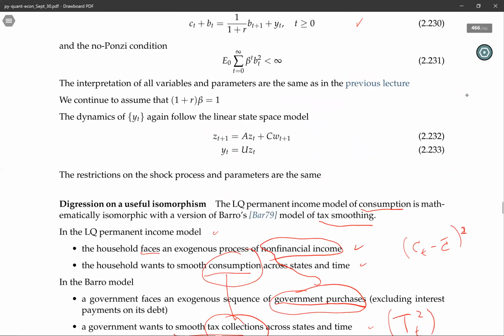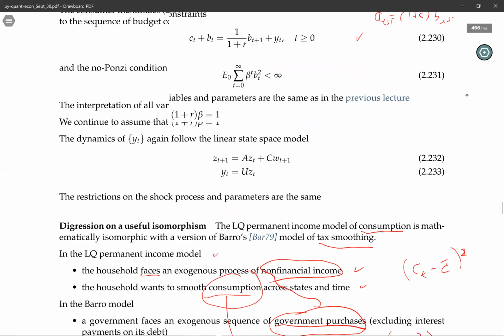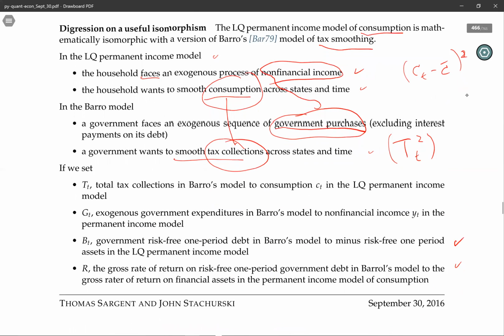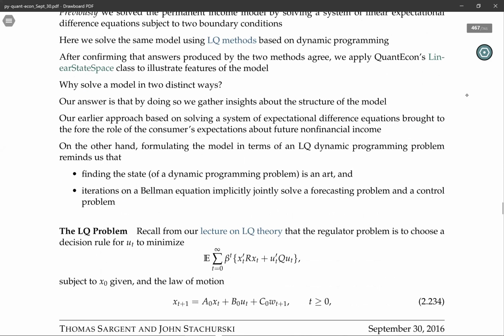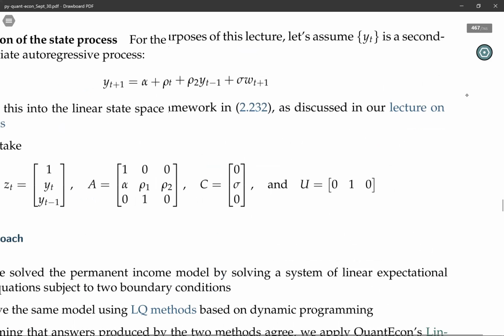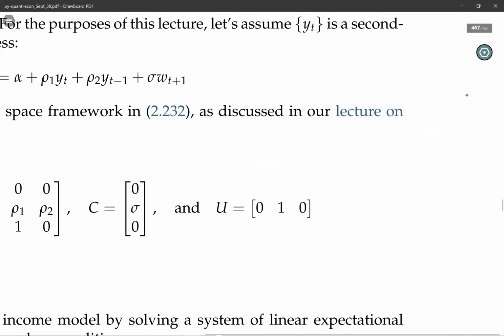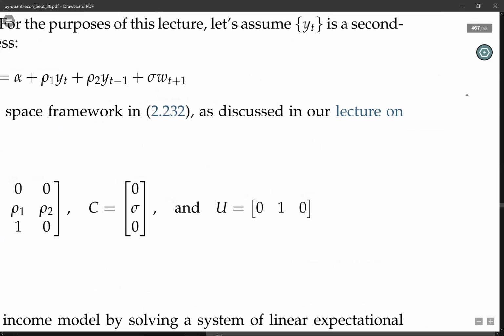I think what I'm going to do, when I find some space, is do it over here. Let's just do a very simple version of Barro's model. We'll even do a non-stochastic version. Here's what the government cares about.